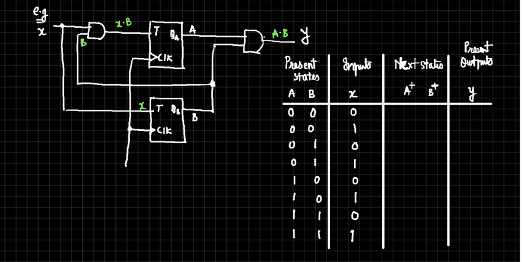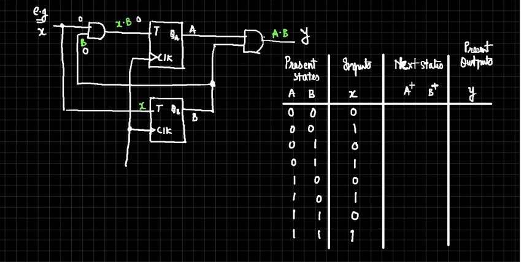So when the input is 0, and the present states are 0, 0, what is the output? You tell me. What is the next state first? The previous state is how much? 0, right? So here I will write 0. What is the input? 0. So it will become 0 here.